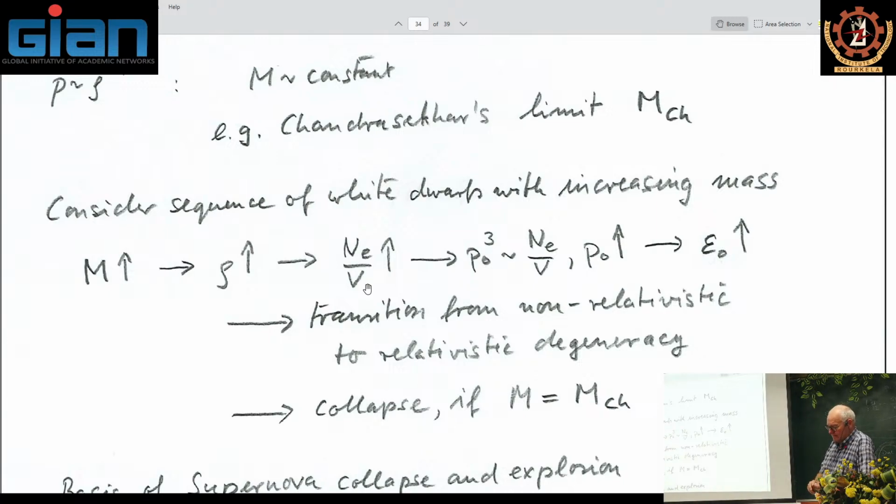In that case, once the nucleus of a massive star, the star has to have more than about 10 solar masses initially, then we will end up with a degenerate iron core. This degenerate iron core becomes bigger because silicon burning on top of the iron core will lead to an increase of the mass of the iron core.